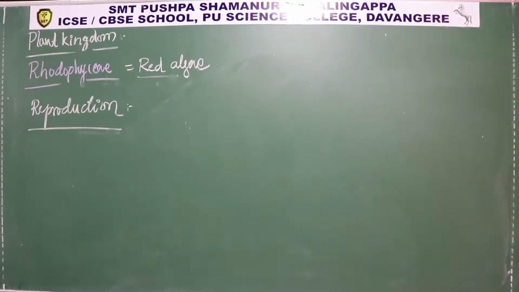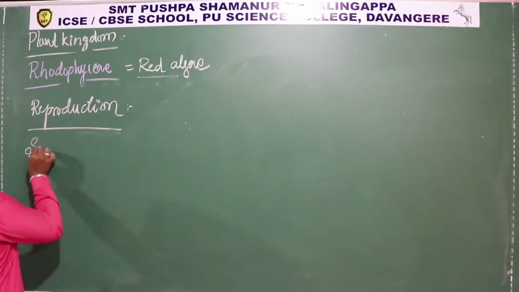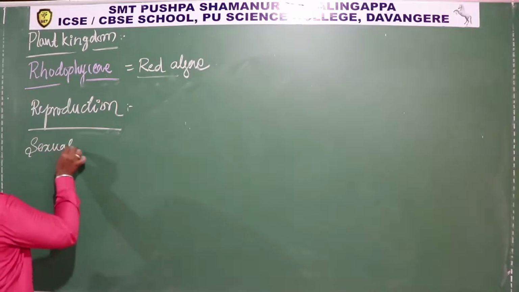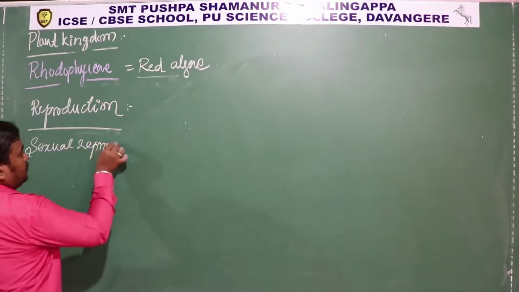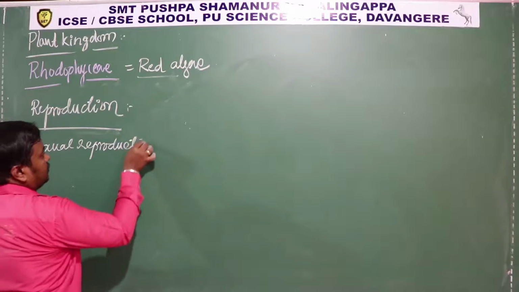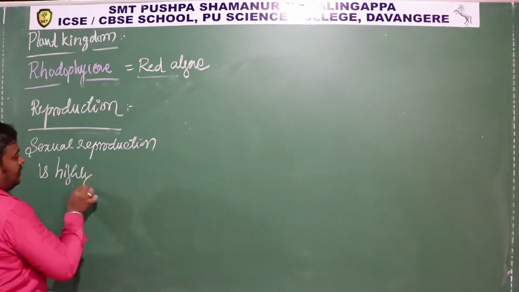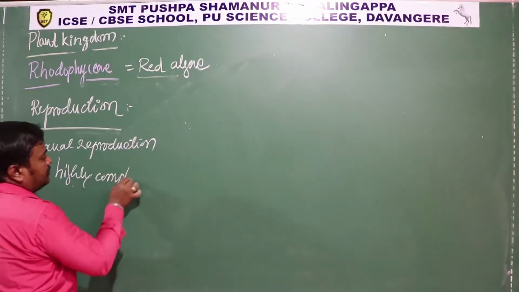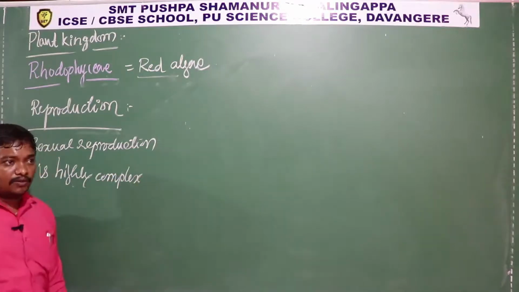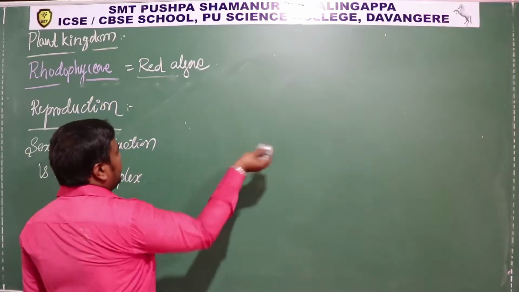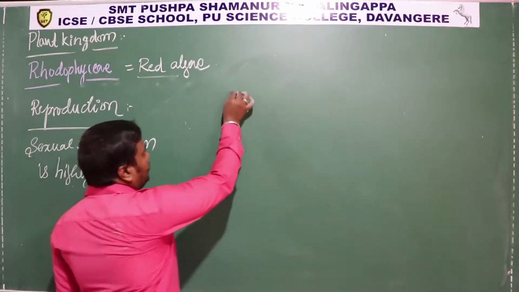So sexual reproduction is highly complex. Suppose let me explain it by taking the example of Polysiphonia.